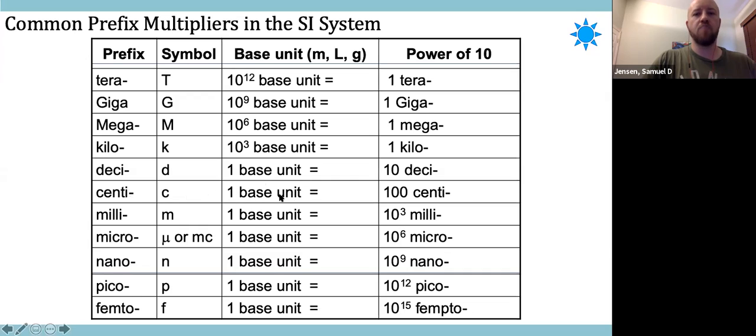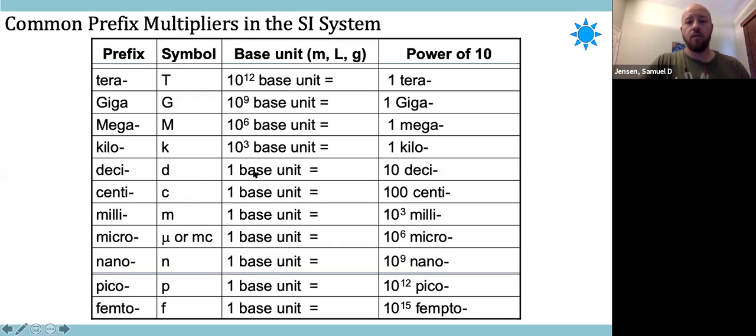The base unit here is meter, liter, or gram. We already know this is a slight adjustment from the SI unit, since a gram is not technically the base unit, but when I'm calling it the base unit here, it is one of these three units: meter, liter, gram.